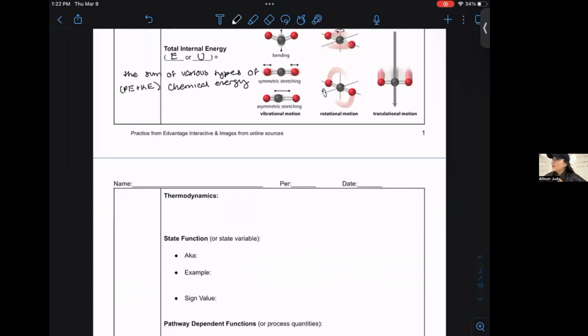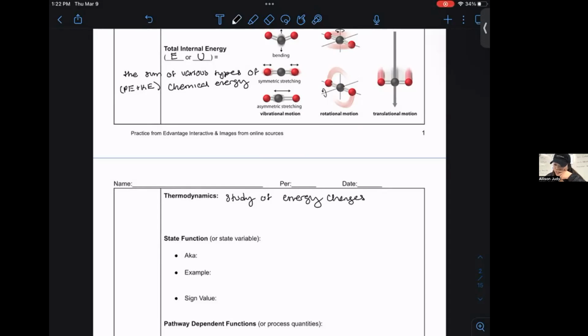So, thermodynamics is the study of, this is unit 6 now. That was all kind of intro. So what is unit 6 about? Well, unit 6 is the study of these energy changes between these energy forms.